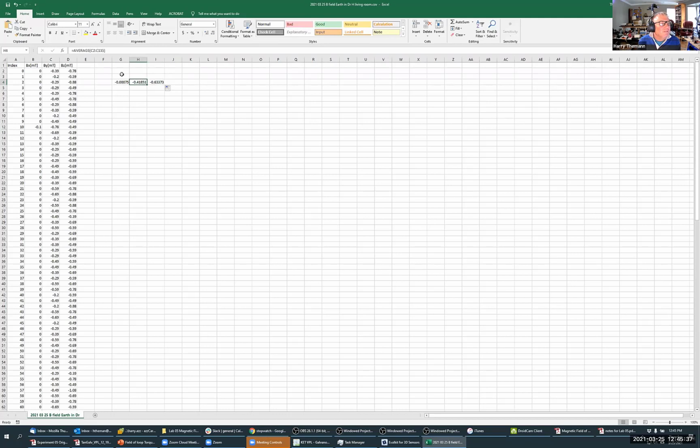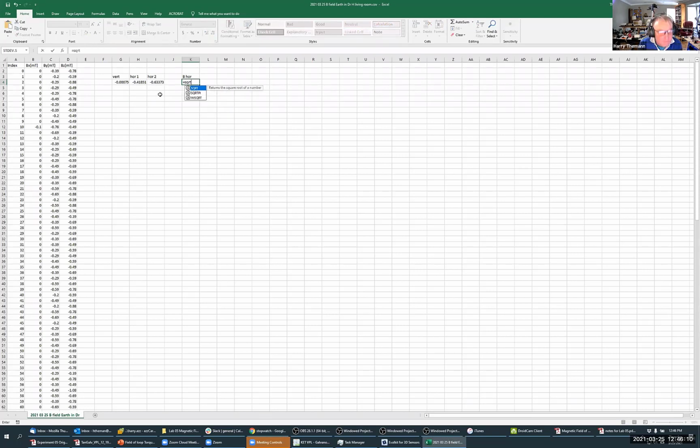All right, so this is the vertical. And these are the two horizontals. Horizontal 1, horizontal 2. And so if I add these in quadrature, B horizontal equals the square root, because these are vectors, right?